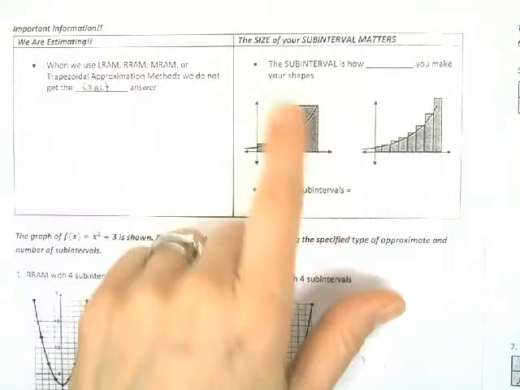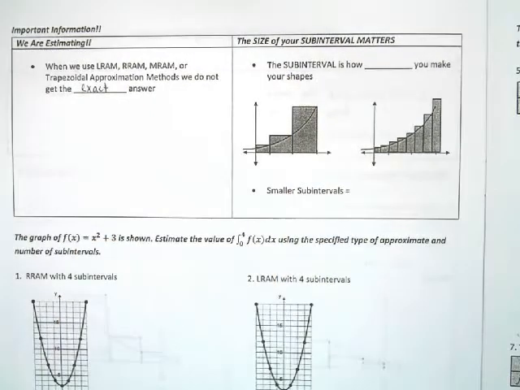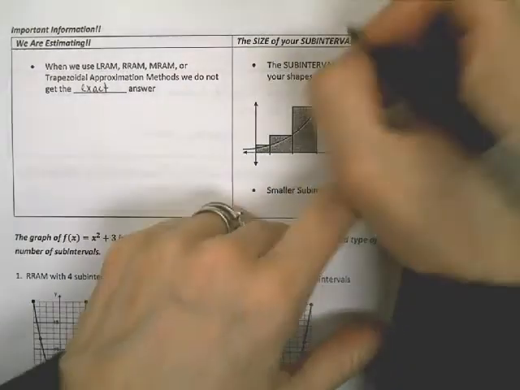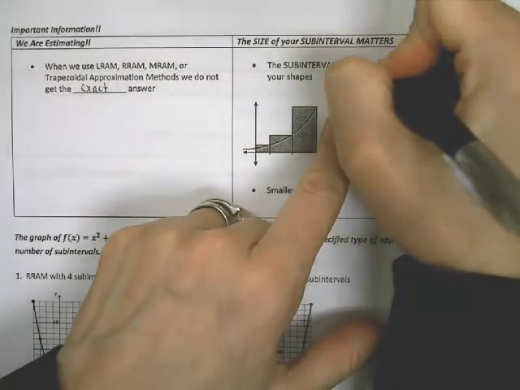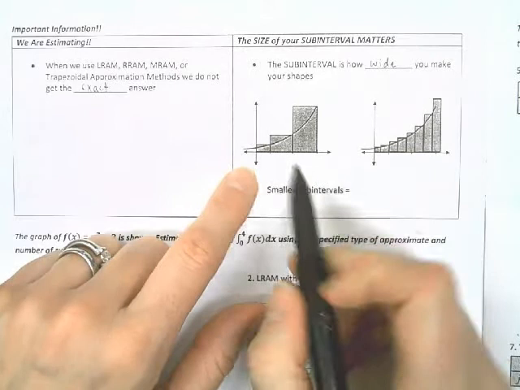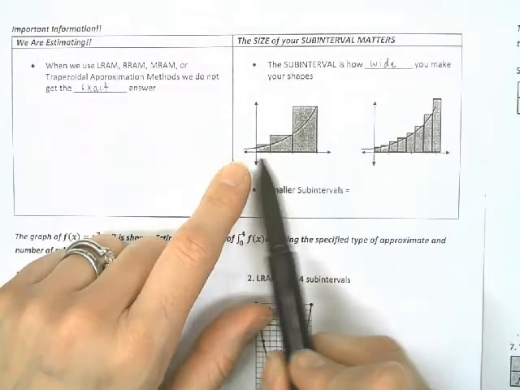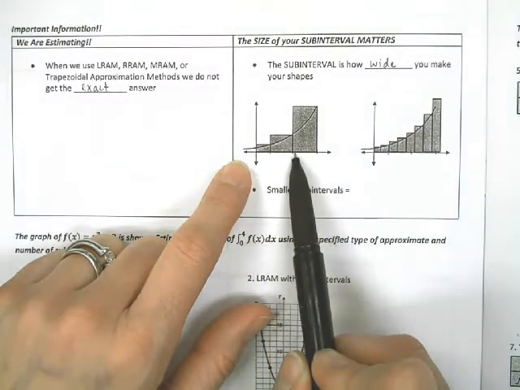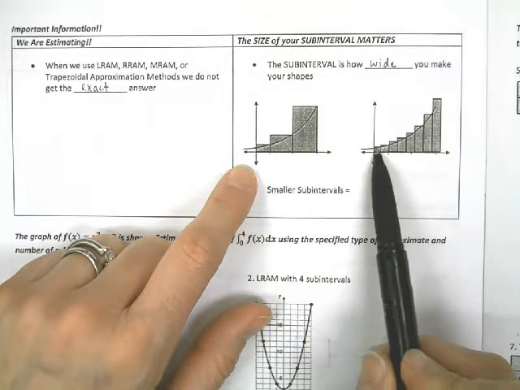Okay, and then obviously the size of our subinterval is going to matter. The subinterval is how wide you make your shapes. So you can see here, this is like what we did on the first page. Each subinterval had a length of 1. Here it looks like we've subdivided that and made each subinterval have a length of a half.